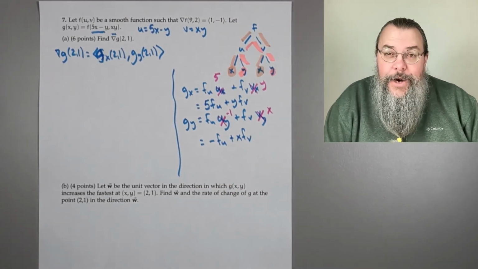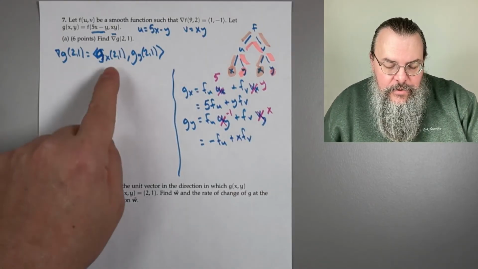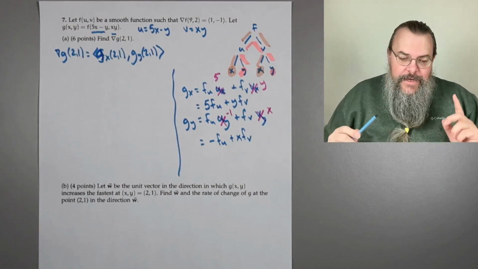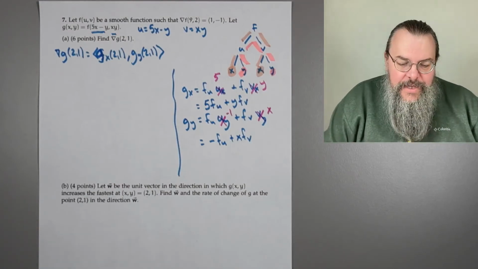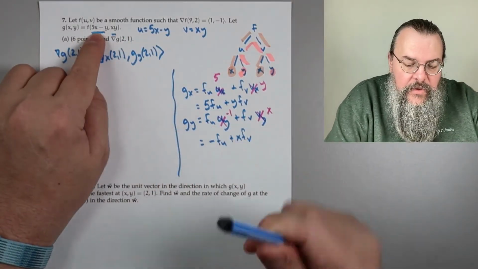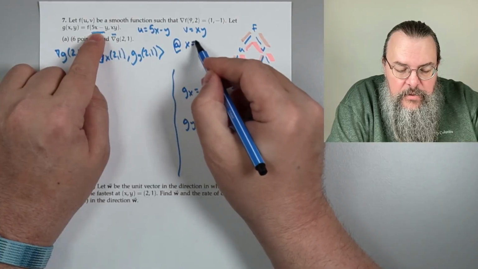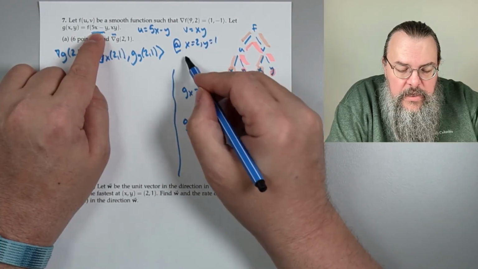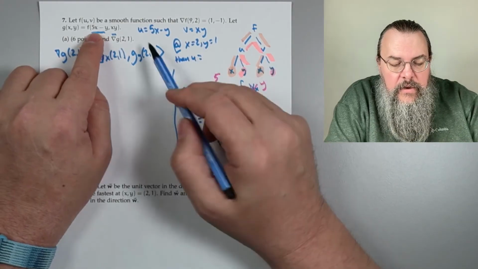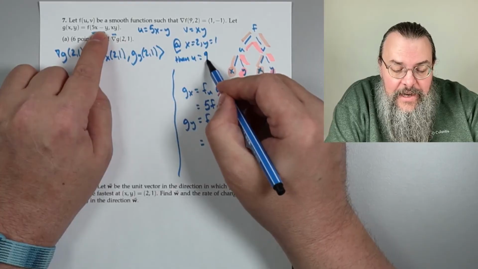Now, we're almost there. What do we need to do? Well, we need to plug in (2, 1). When we plug in (2, 1), you might notice something. At x equals 2, y equals 1, u is 5 times 2 is 10, minus 1, which is 9.